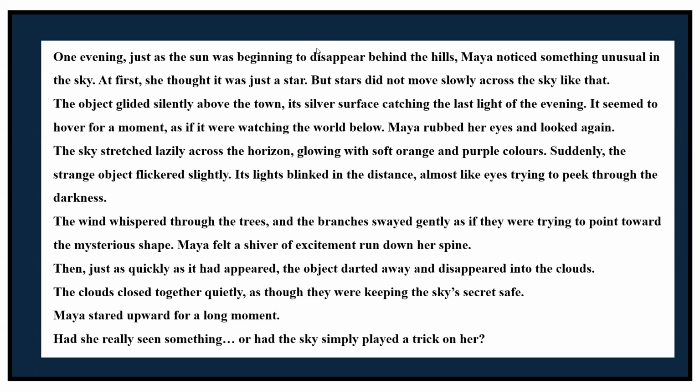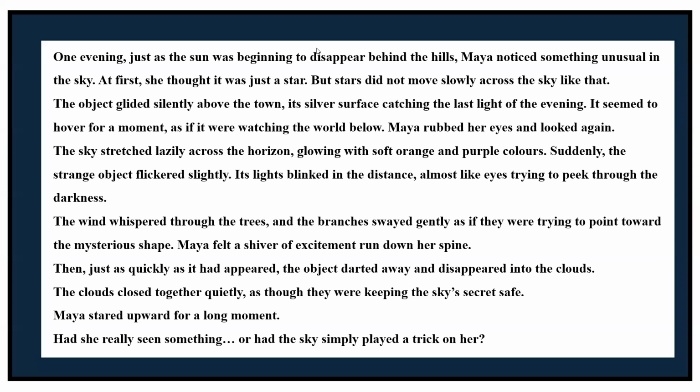The sky stretched lazily across the horizon, glowing with soft orange and purple colours. Suddenly, the strange object flickered slightly. Its lights blinked in the distance, almost like eyes trying to peek through the darkness. The wind whispered through the trees, and the branches swayed gently, as if they were trying to point towards the mysterious shape.